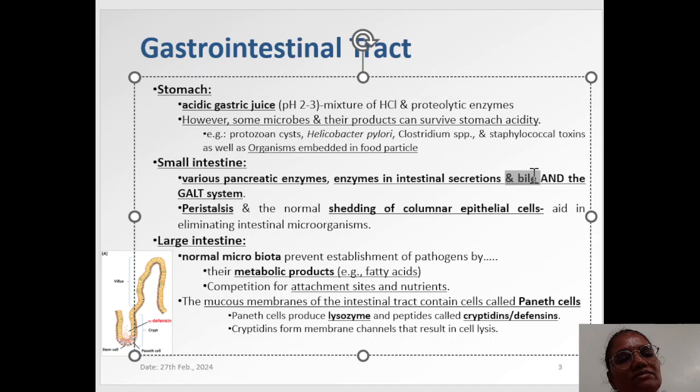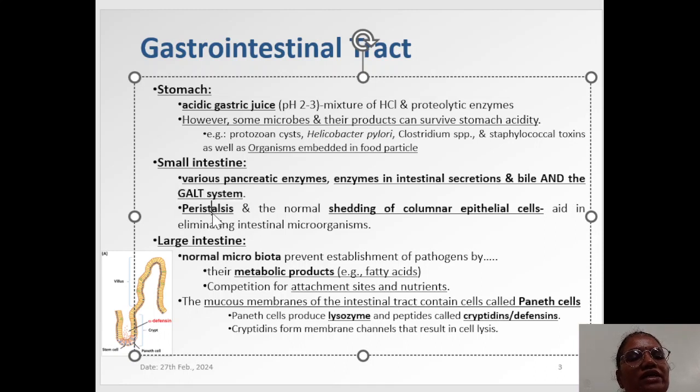Bile itself is highly inhibitory to most organisms, and those surviving these mechanisms face another mechanism, the secondary lymphoid tissue called gut associated lymphoid tissue, which has phagocytes that remove the pathogens existing there.